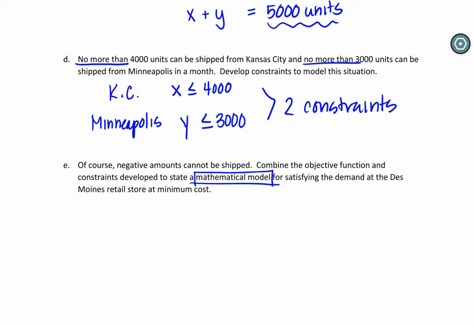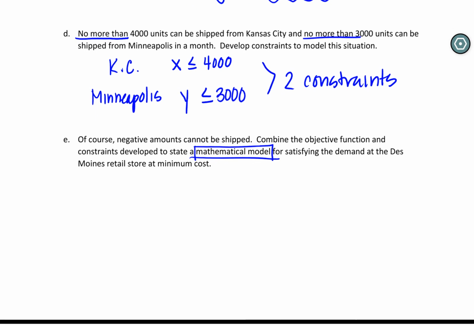What have we started with? Well, we know that the total cost is 0.20x plus 0.25y.